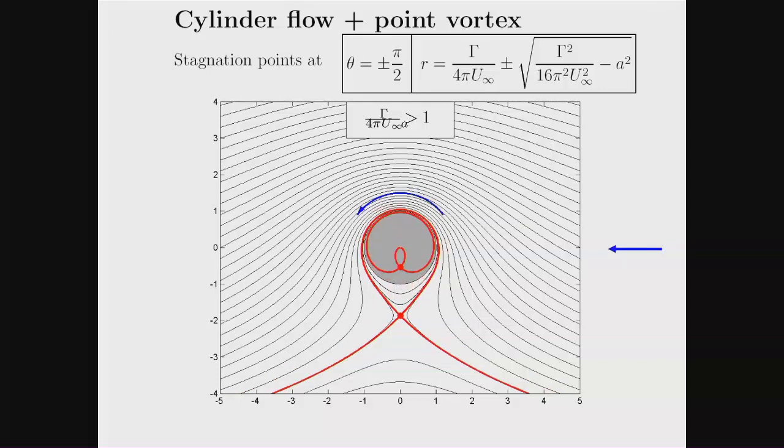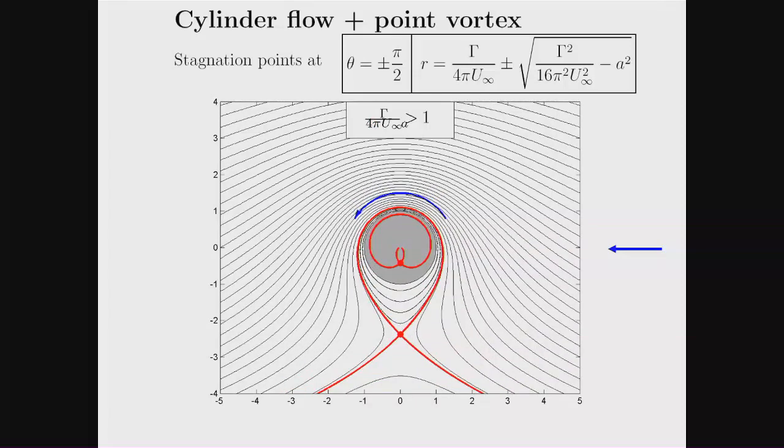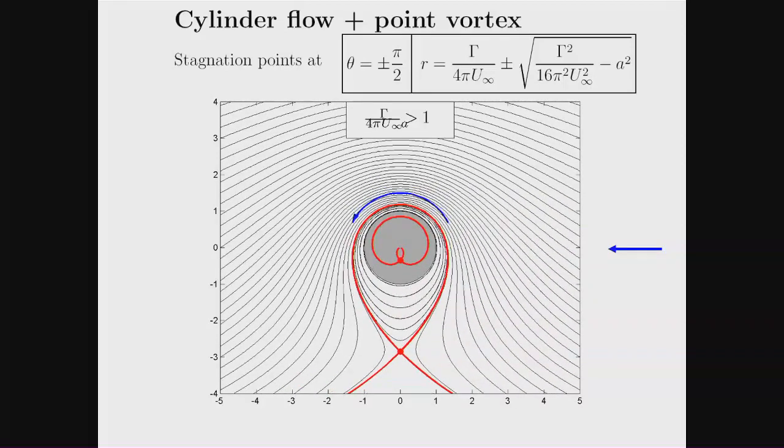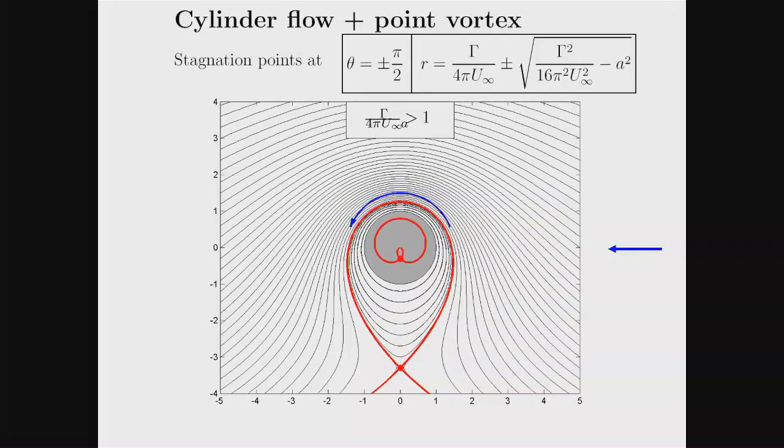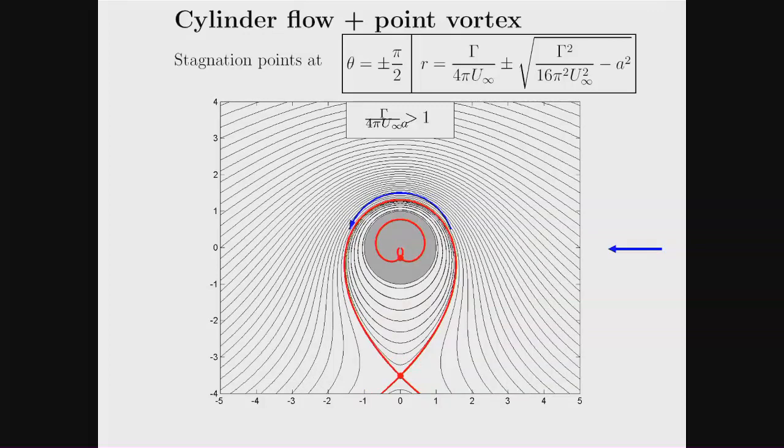It's unaffected when I change this parameter. See that my cylinder is still the same, it has a radius of a. It's unaffected by this parameter, because we have shown that psi is a constant on the surface of the cylinder, and it's a circular streamline.